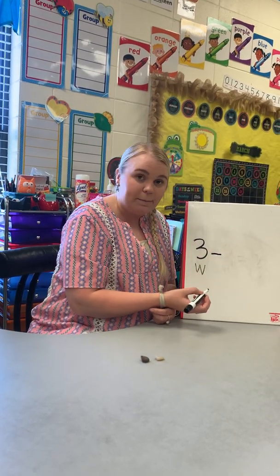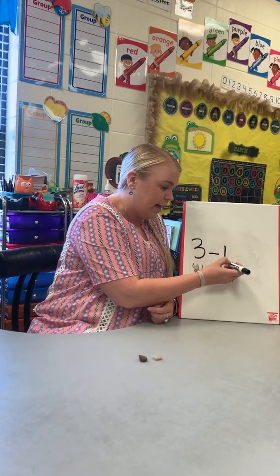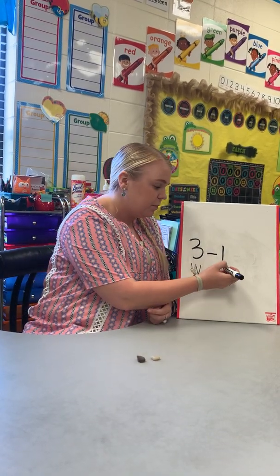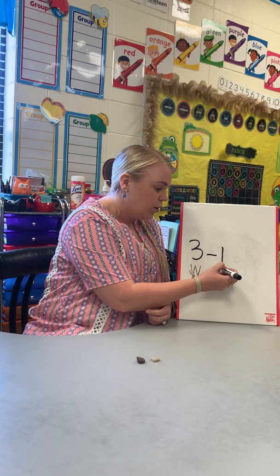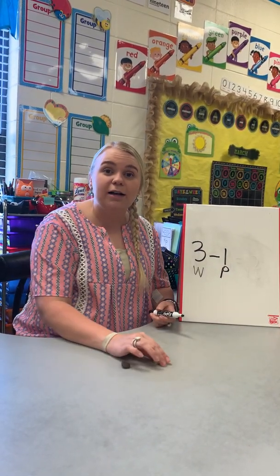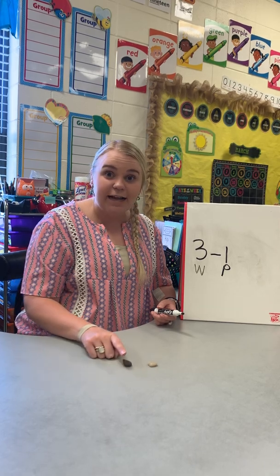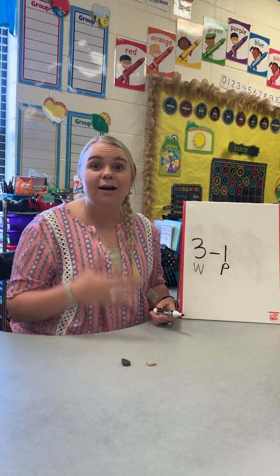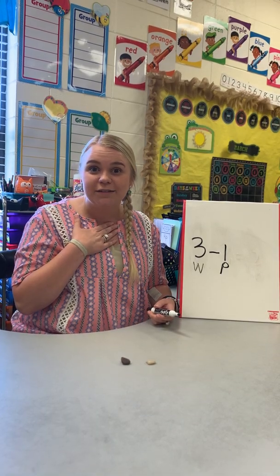Take away or minus 1. That's a part that was taken away. So I'm going to write P for part. How many rocks do I have left? Let's count. 1, 2. How many rocks do I have left?